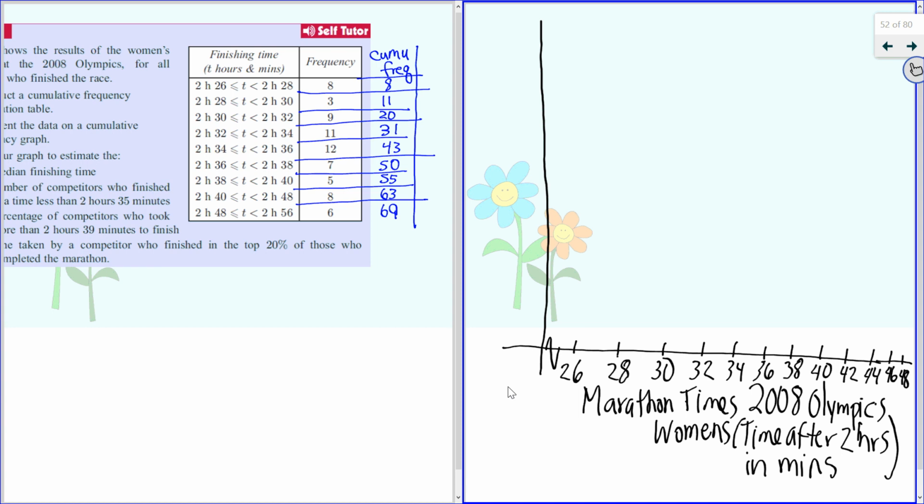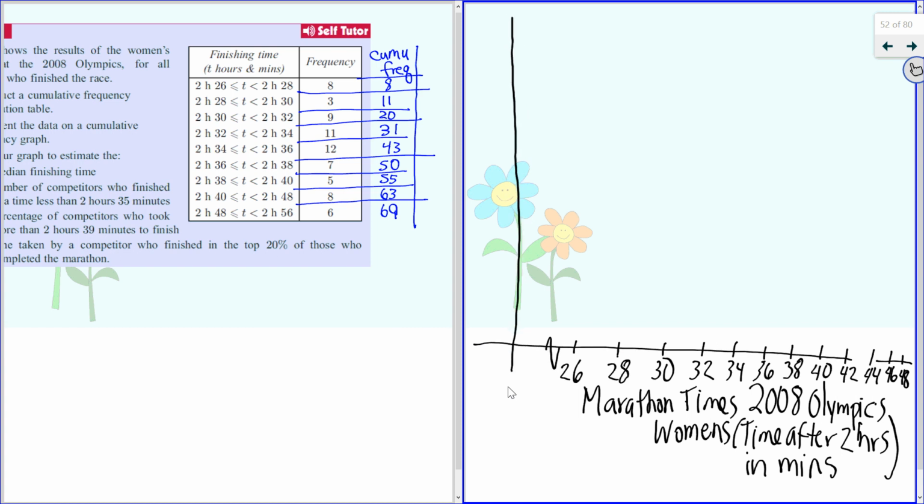Basically I have to start from 26 to 28 with my 0 starting at 26 as kind of a minimum time. But I do have to get to 56. So what I'm going to do is kind of just scooch this whole thing over.